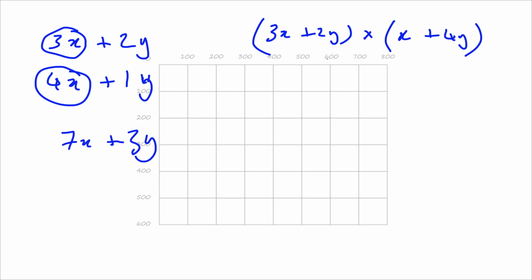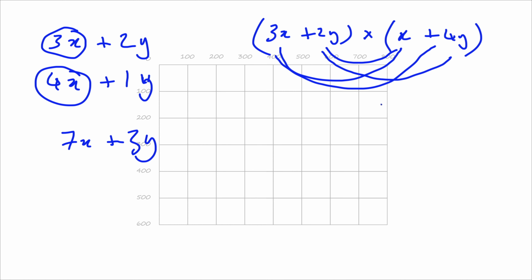Well, we would bring together all the combinations of the terms. So we'd say 3x times x added to 3x times 4y added to 2y times x and 2y times 4y.